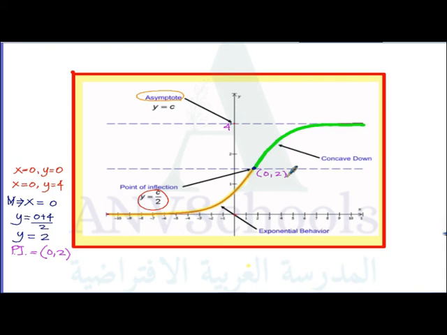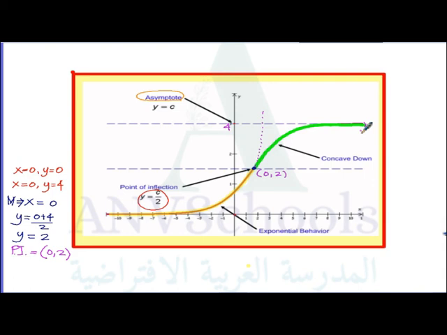Why is the point of inflection very important in the logistic function? Because that is the point wherein the behavior of your graph changes from an exponential behavior to its own distinct behavior for the logistic function. It tends to be concave down, and then afterwards it levels off. Okay?